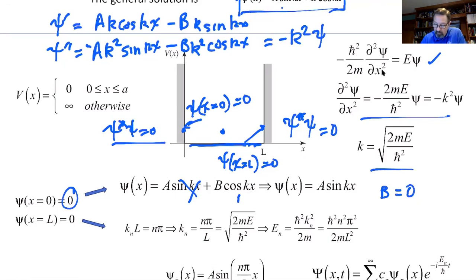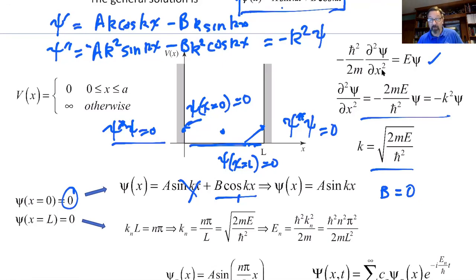And so the wave function becomes a times the sine of k times x. The cosine doesn't meet the boundary condition that the wave function be 0 at the two edges, at x equal to 0 and at x equal to L, this infinite well that the particle is trapped in.